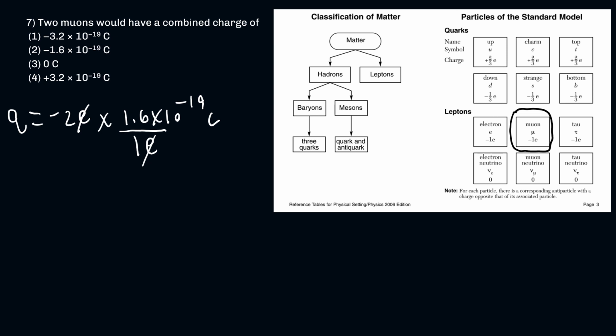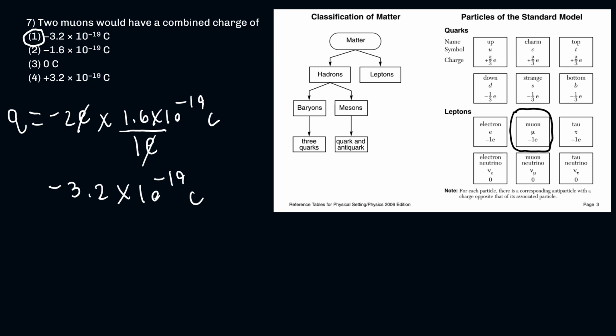Plugging this into my calculator, I end up with an answer of negative 3.2 times 10 to the negative 19th coulombs. So that is going to be answer choice 1.